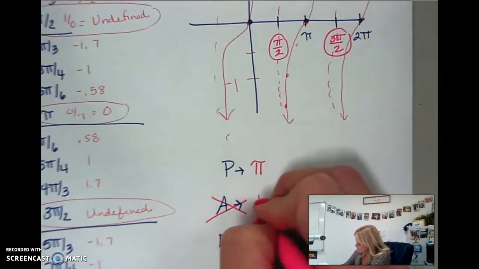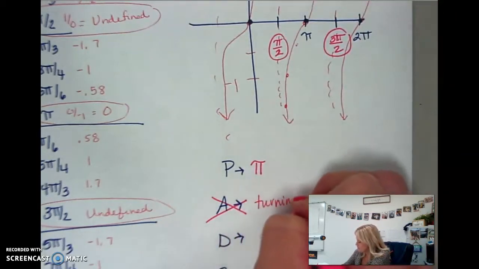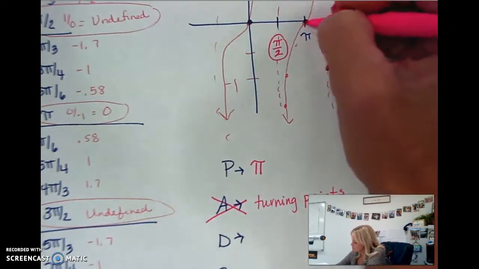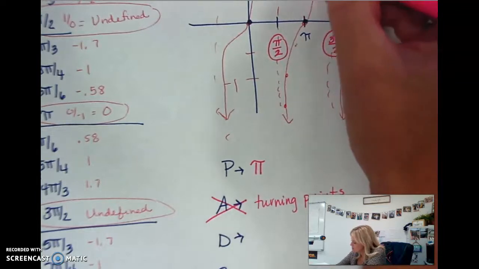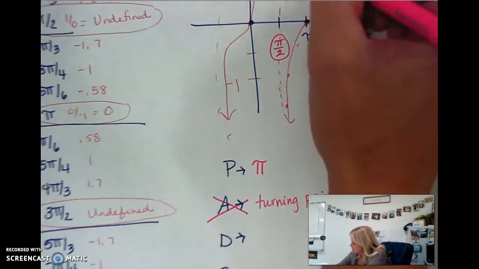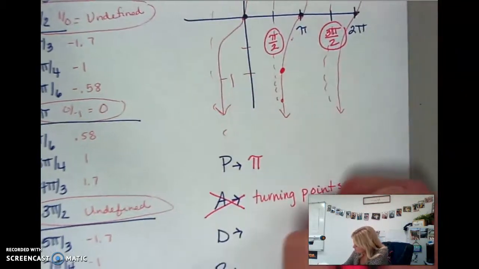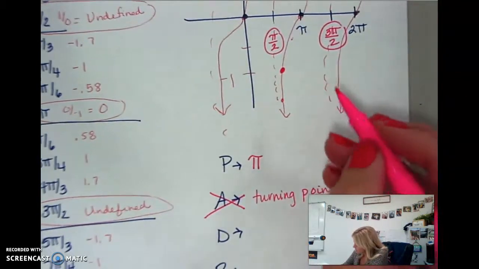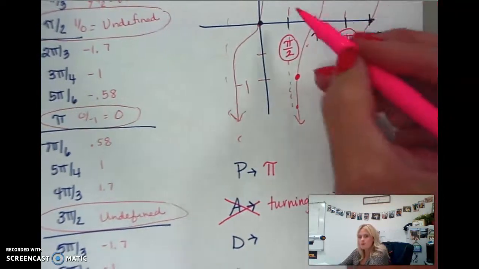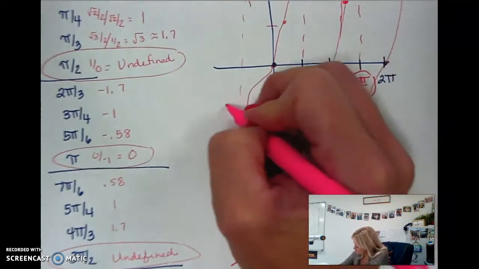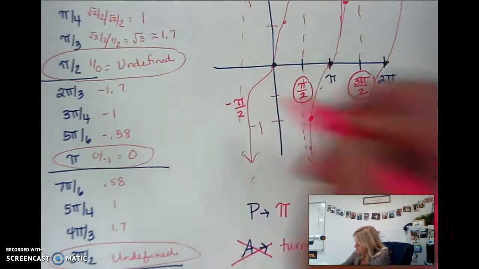Instead, we have what are called turning points. And the turning points are the points in which this twists and turns. It happens still at 1 and at -1 for now. So we're going to say that this one happens at, and I'm going to go back here to my origin and do it this way, this is at -half pi.